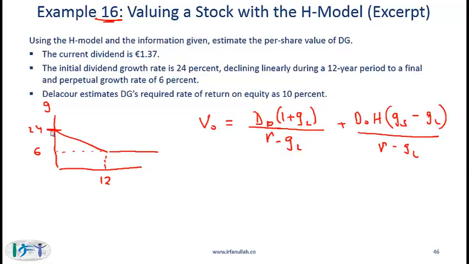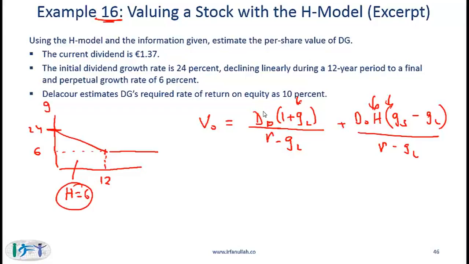So this is your GS. The eventual growth rate of 6%, which is the GL. 12 is the time it takes to come down to your long-term sustainable growth rate. So the H is 6, and that's what you will plug over here.